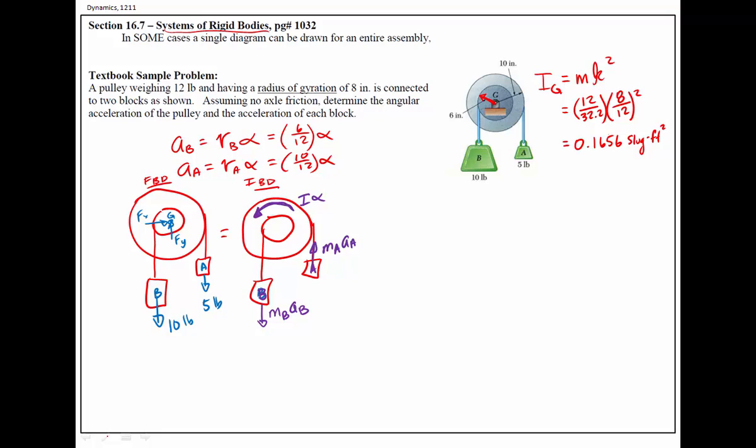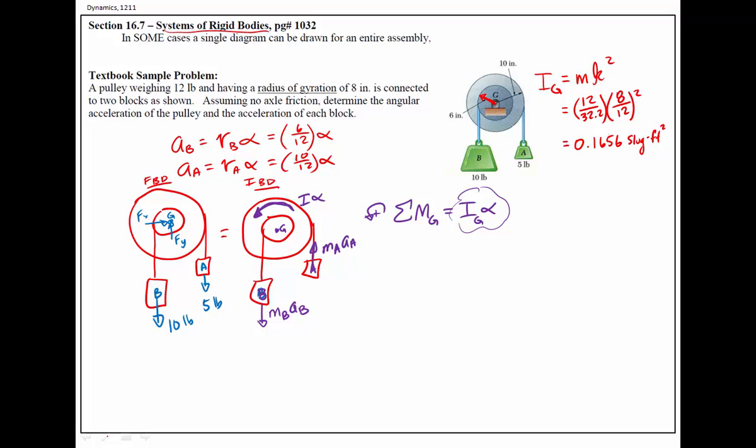So now we can write out the equation that the sum of the moments about g, the center of gravity g, is going to be equal to I alpha, that I is about g. But we should recognize that this term right here is all of the effective inertial moments, okay? So keep that in mind. We're going to treat counterclockwise as positive.